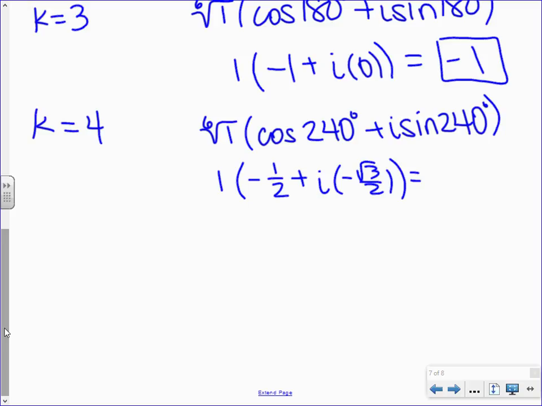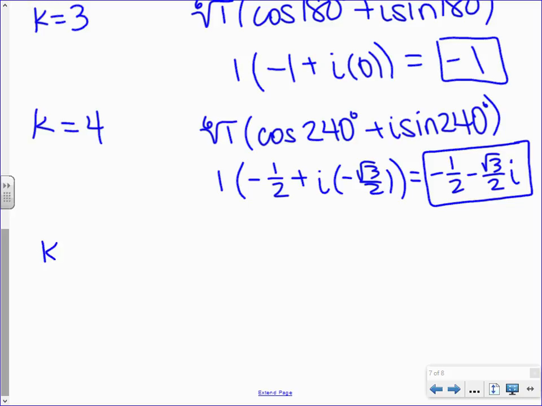And so our next sixth root is -1/2 minus radical 3/2i. Some of you are kind of getting an idea of what you think the next one is going to be. Okay. I think you're probably going to be right, but I still want to see the setup to how you get that.